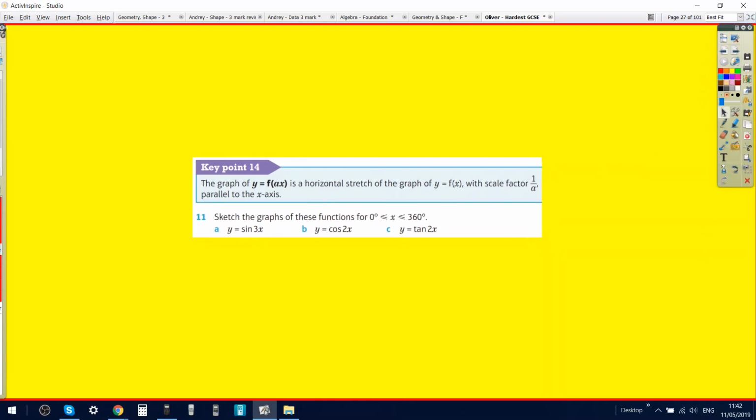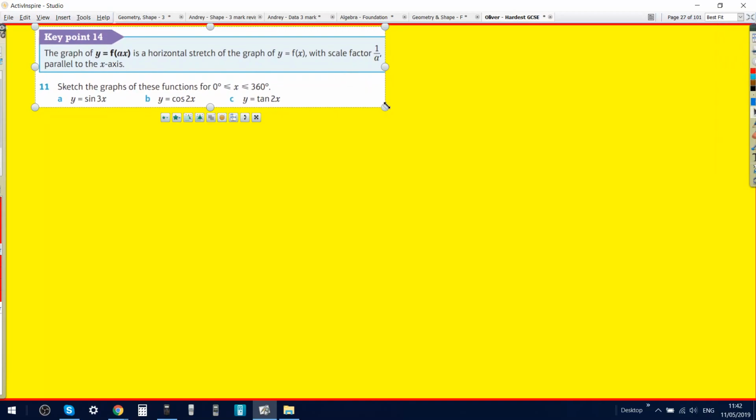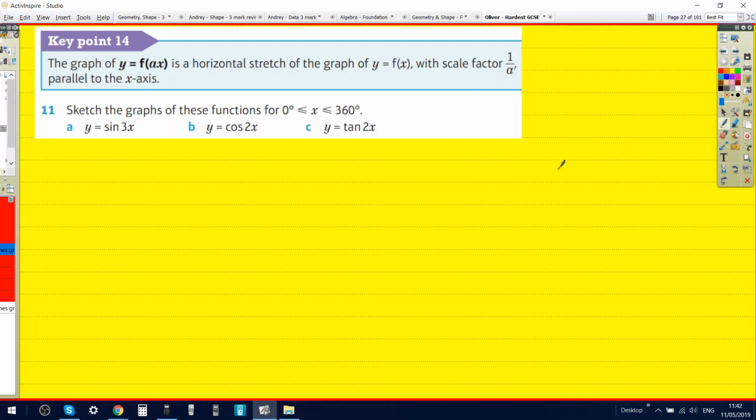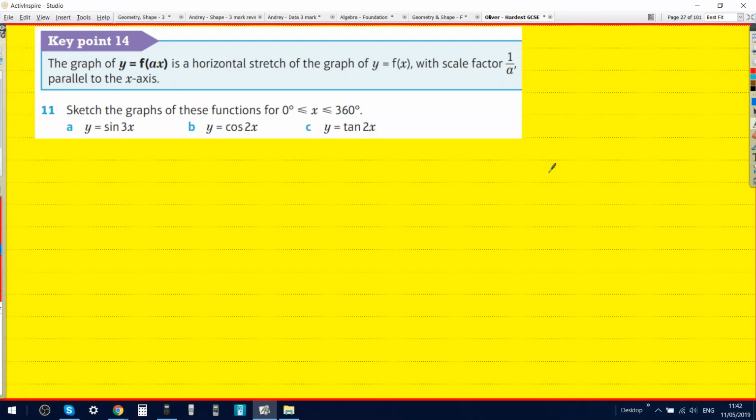What would be part A? It'd be the same as divided by 3, which would be the same as a stretch in the x direction of 0.33.